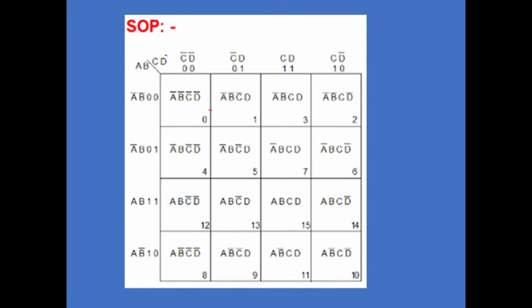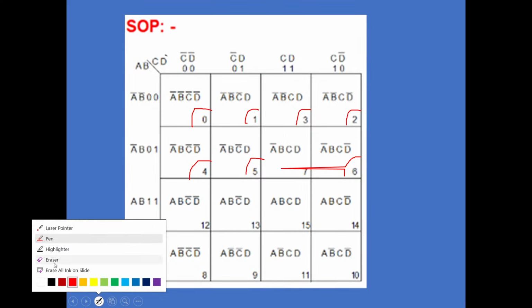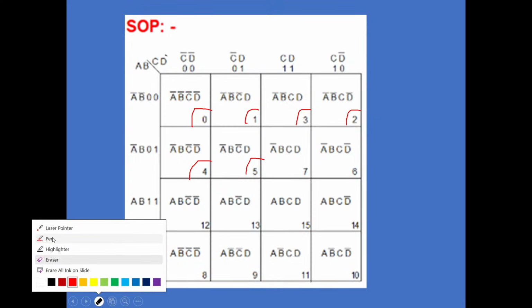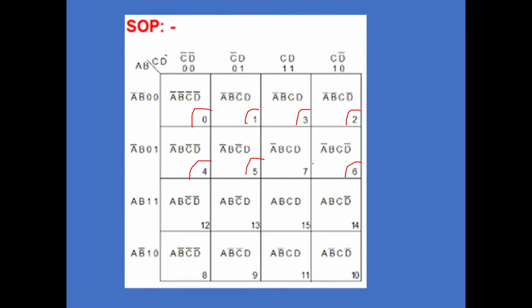So see, 0, 1, jump, give numbering 2, next 3, next 4, 5, jump, 6, next come back, 7. So you have written up to 7.